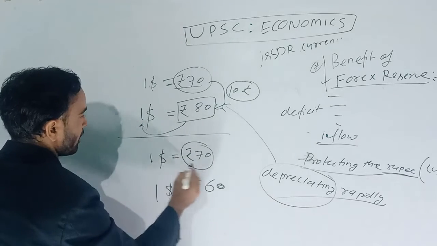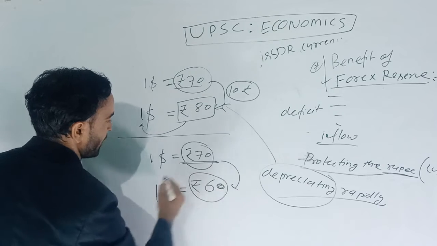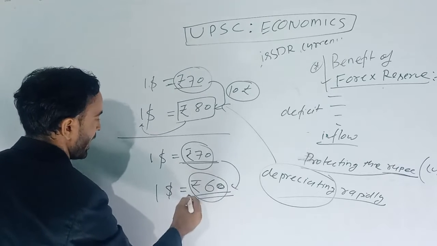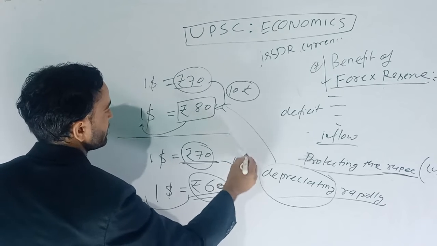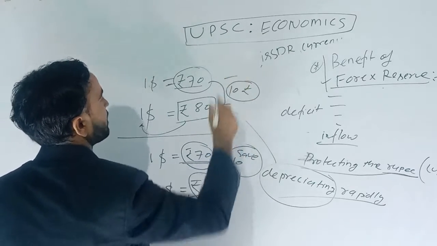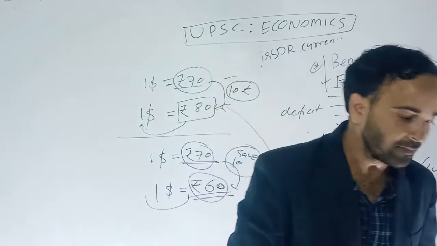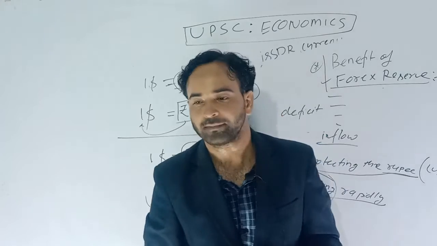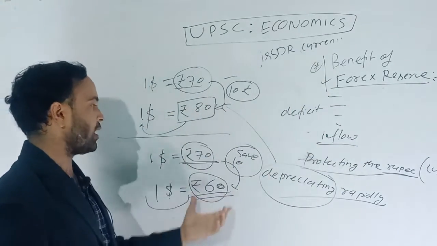For getting $1 I had to pay 70 rupees, now only 60 rupees. Here I can save 10 rupees. It is an appreciation. Got my point? So third point, I made you understand what is depreciation and what is appreciation.